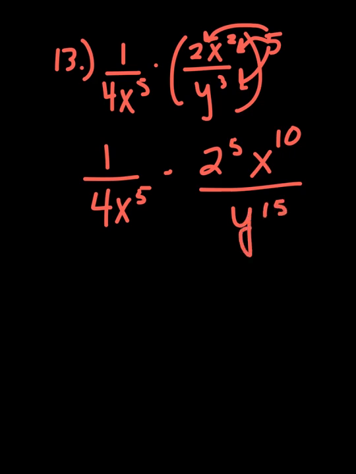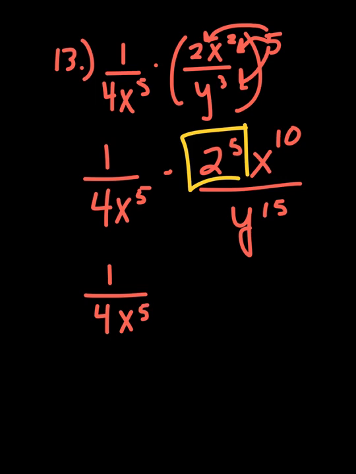I'm going to simplify 2 to the 5th to give me a number. 2 to the 5th is 32. So I've got 1 over 4x to the 5th times 32 x to the 10th over y to the 15th.